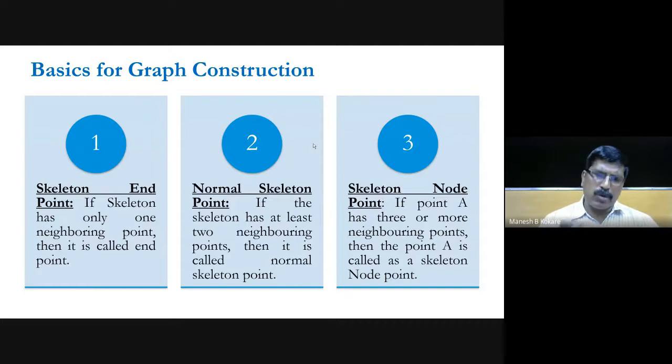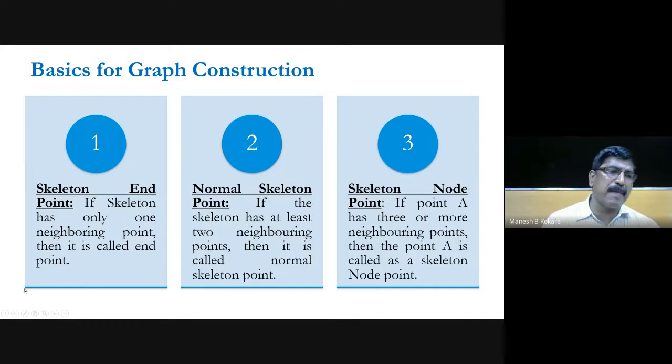Already we talked about these things in our last lecture, but for construction of the graph, this is again needed. Skeleton endpoint means, suppose for example, this is the skeleton, and this point is the point where only one neighboring left side neighbor is there. The right side neighbor is not there, so it has only one neighbor.